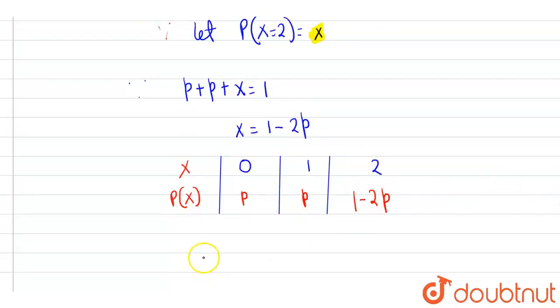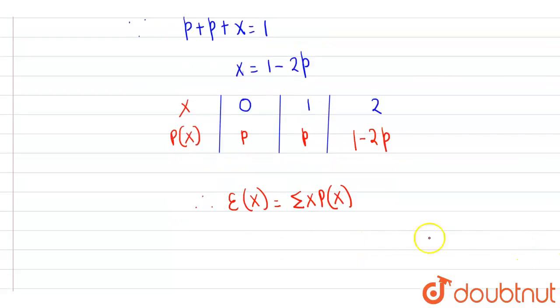So from here, if we want to find E of x, which is basically the summation of x into p of x, we multiply the x and p of x values. At x equals 0, p of x is p, so 0 into p is 0.